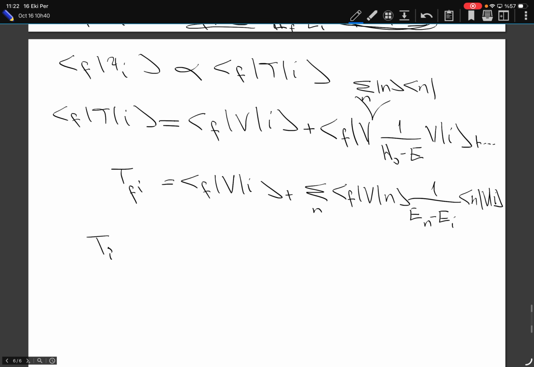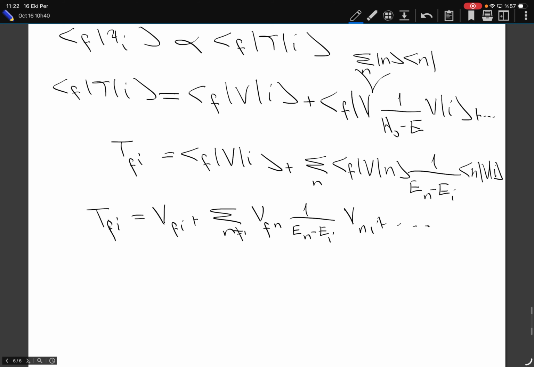Or if I use the matrix element notation, TFI will be equal to VFI plus sum over n of VFN 1 over En minus EI VNI, plus, of course, all the other terms. Well, why did I put n not equal to I? If n is equal to I, that term basically diverges, but you can actually prove formally that the n equal to I term doesn't appear in that sum.